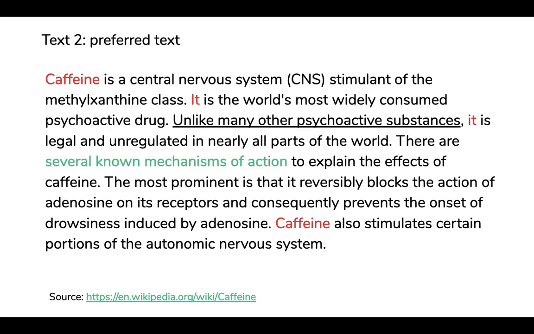Later on, we talk about several known mechanisms of action, and although this is a kind of new information, it's at the beginning of the sentence because we know we're talking about caffeine, which is a central nervous system stimulant, so it's reasonable to expect that the text will have something to do with how these stimulants work. And in the sentence that follows, the most prominent can then be linked clearly back to those mechanisms of action being referred to in the previous sentence.